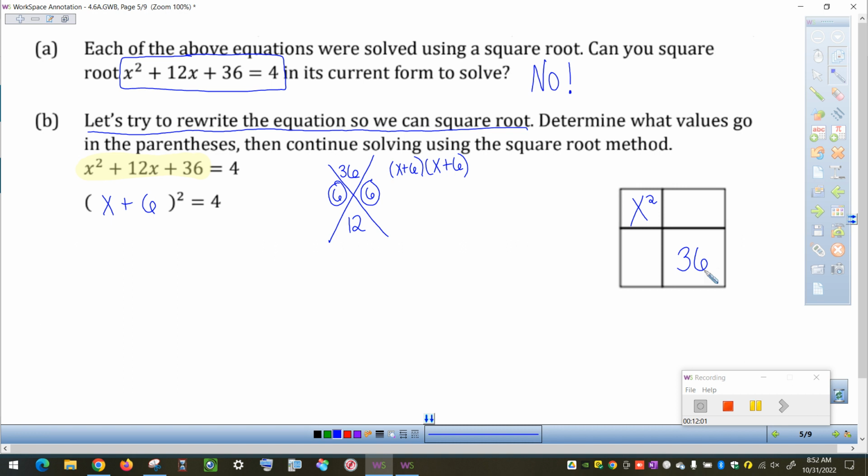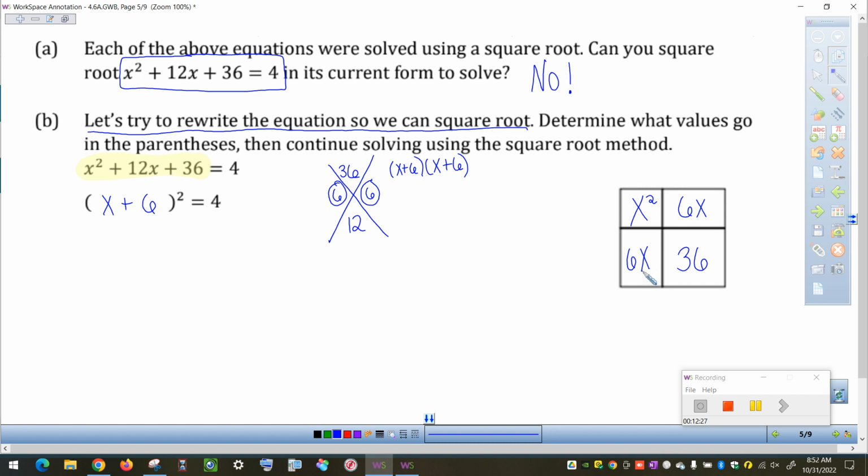That 12x in the middle is just one term, but we have two sections here still to fill in. Well, those two sections are exactly the same size. So what we want to do is take the 12x and divide it perfectly in half. So 12x divided by 2 gives us two sections of 6x, right? So 6x plus 6x is still equal to 12x.